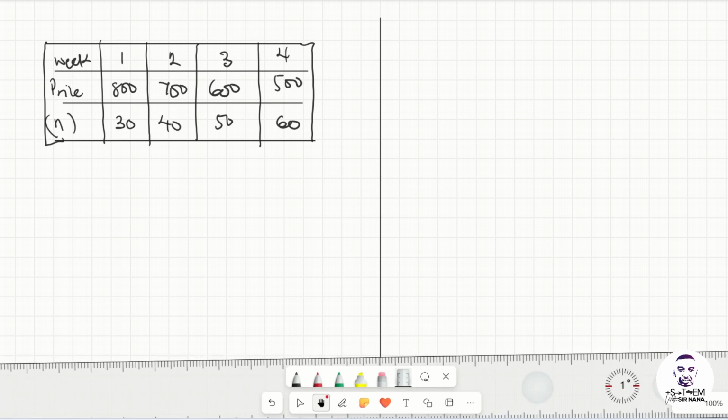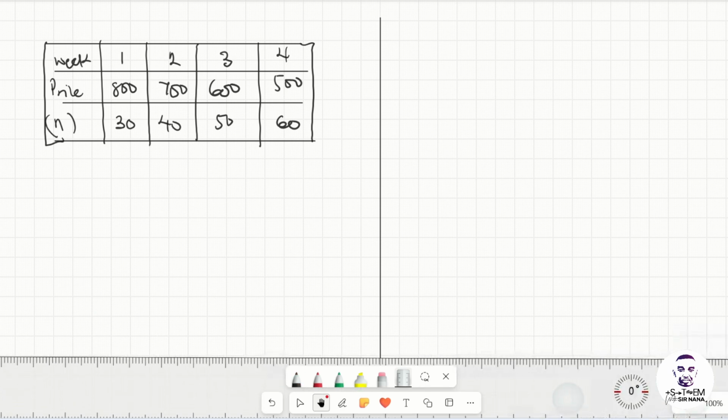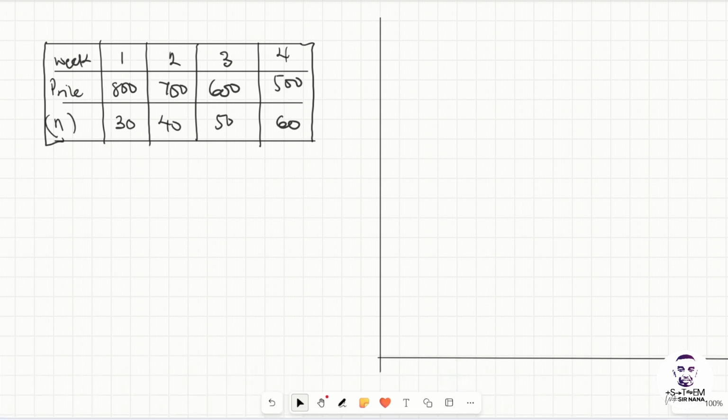Now the y side represents the number n, which represents the number of phones sold. And the x side will represent the price in Ghana cedi.